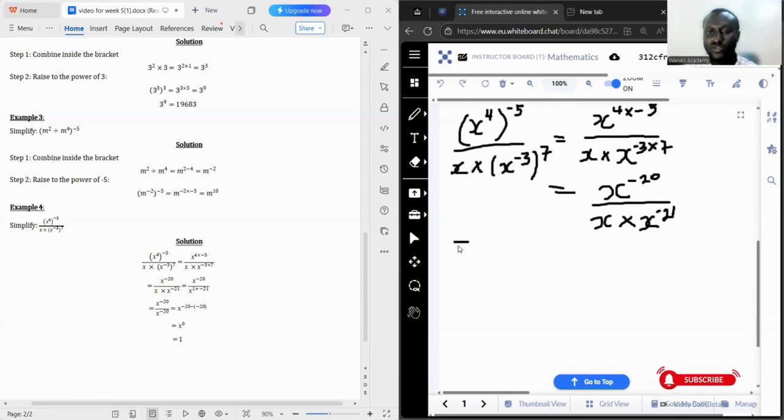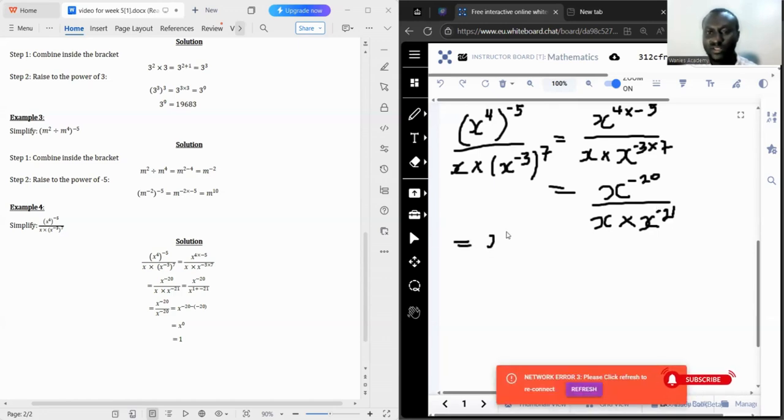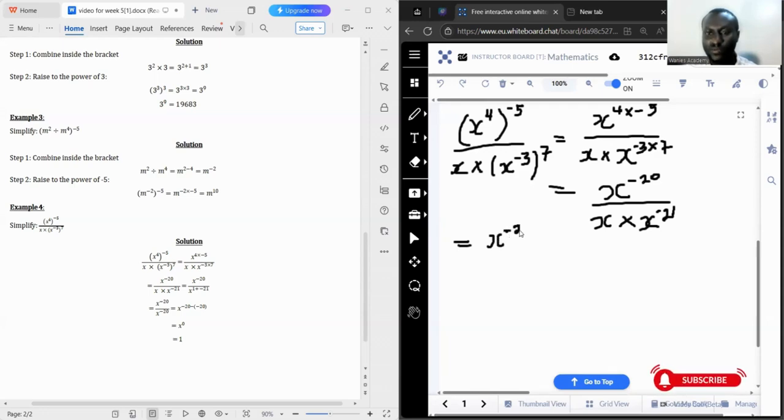We can move on to say x raised to power negative 20 over, this is the multiplication rule we can apply here. That makes it x raised to power 1 plus negative 21.